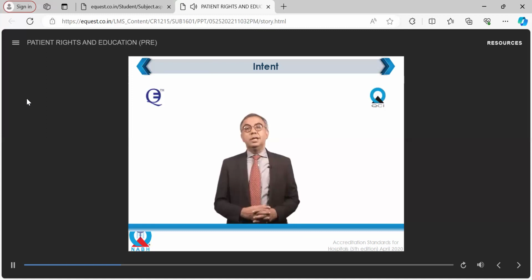Also, there should be a mechanism for the patient and/or family to report a violation of their rights. The patient's feedback form can be a useful tool for this by incorporating patients' rights to be worded rightly and appropriately.